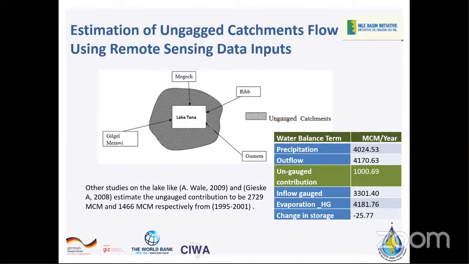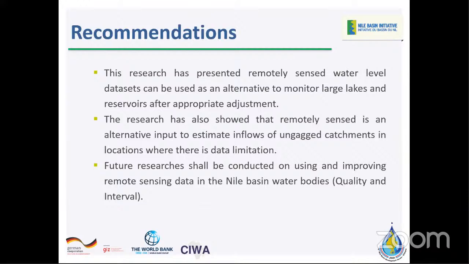And this is just a case study that we can use the bias corrected remotely sensed water level data in hydrological models of reservoirs. So from this, what can be taken is remotely sensed data can be used as an alternative to monitor large lakes in the Nile Basin, because we have natural and artificial lakes in the Nile Basin.